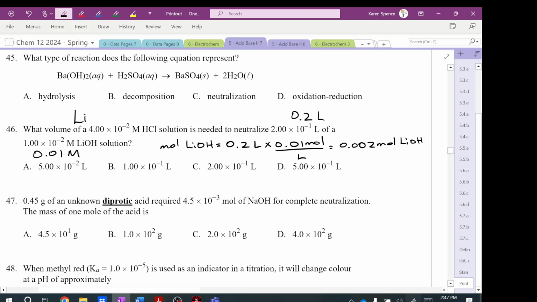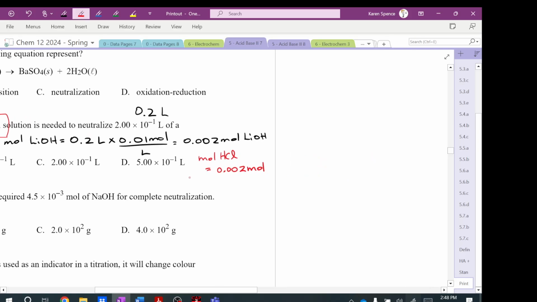LiOH and HCl, do they react in a 1-to-1 fashion or a 2-to-1 fashion? 1-to-1 because there's no 2's in there. So my moles of HCl is also equal to 0.002 moles. If you know moles and molarity, can you find volume? Yes. So you will then say, okay, my volume of HCl is equal to that many moles.